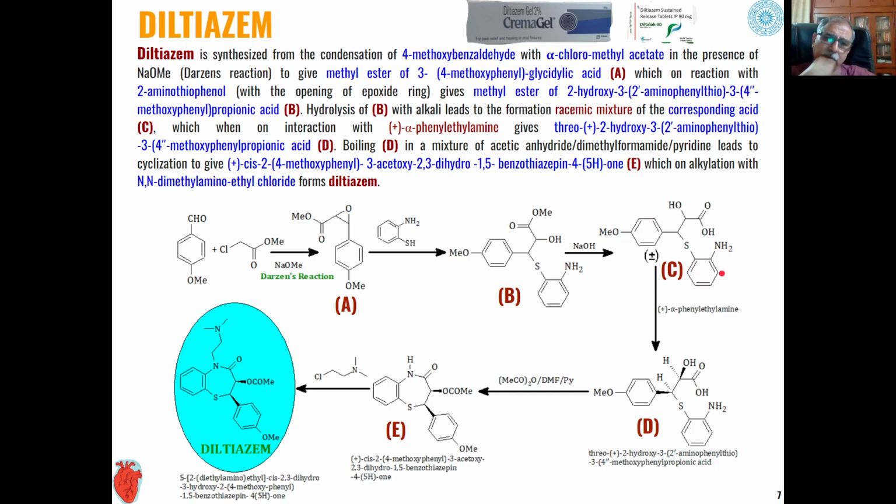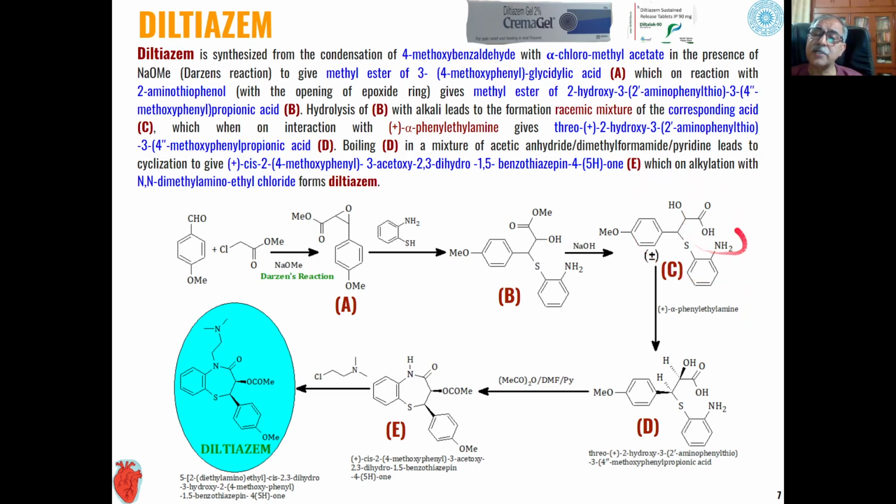Now, because diltiazem, which is a drug, is a single enantiomer, this racemic mixture has to be resolved into the isomer or enantiomer required for the synthesis of diltiazem. For that purpose, this racemic mixture of the carboxylic acid is resolved with plus alpha-phenylethylamine.